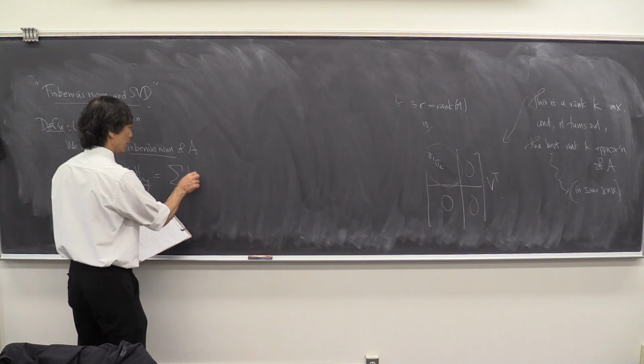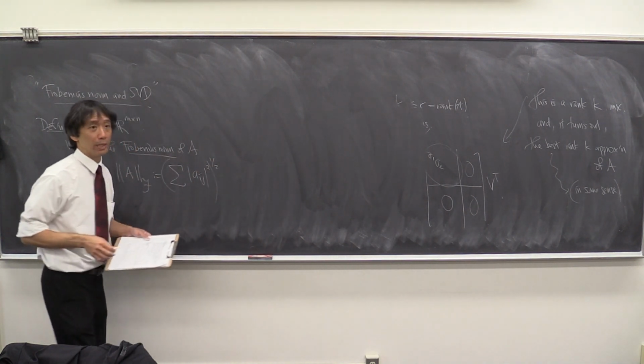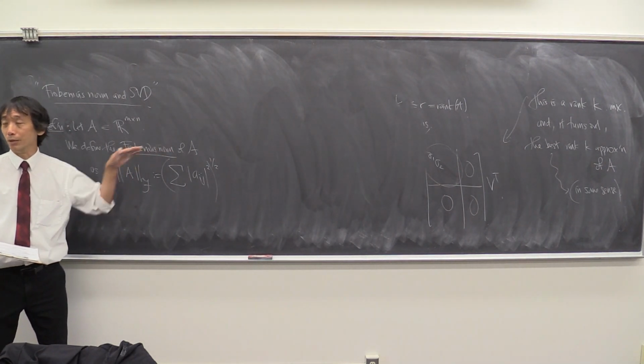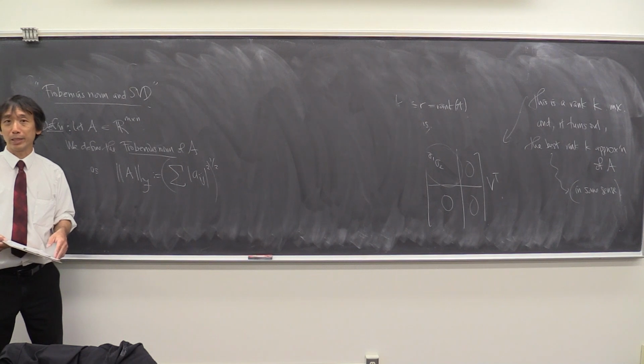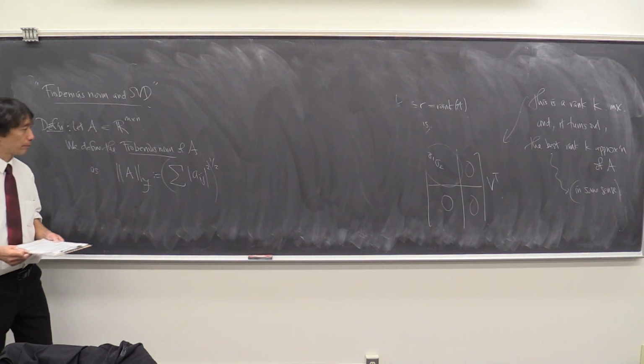You take every single entry, you square it, you sum them all, and you take the square root of that. It's as if the matrix were one long vector. Okay, so nothing surprising.